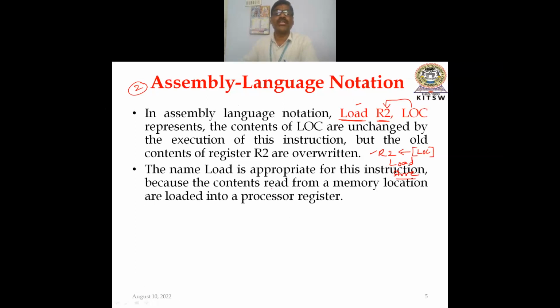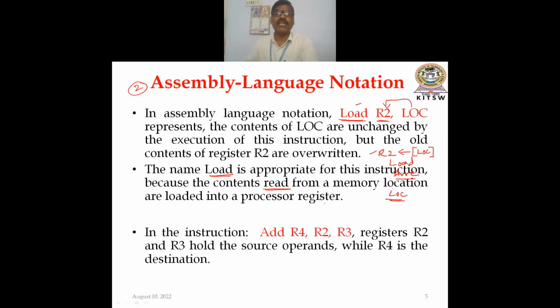The load instruction specifies that the contents of the memory location identified with LOC has to be read and then loaded into the processor register R2. So this load instruction in turn issues a read control signal to the memory unit so that it loads the contents of the LOC identifier into the processor register.